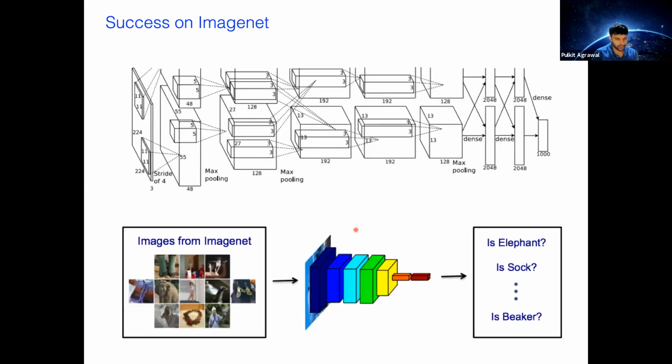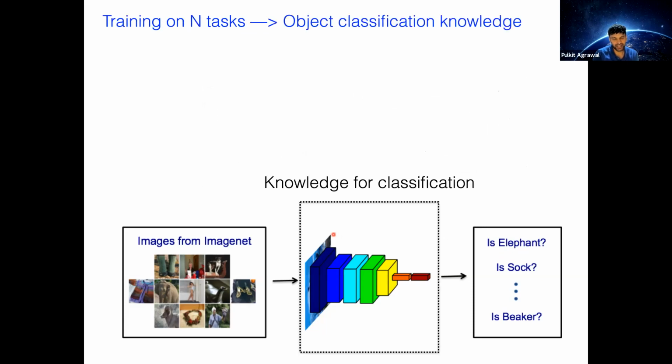Now, as you all know, and we also looked briefly, with ImageNet we got a lot of success in training these neural networks which take images and output image categories. But what if we now change the task, right? The whole knowledge of classification is embedded in this neural network, because this is what constitutes a model from image to the output.